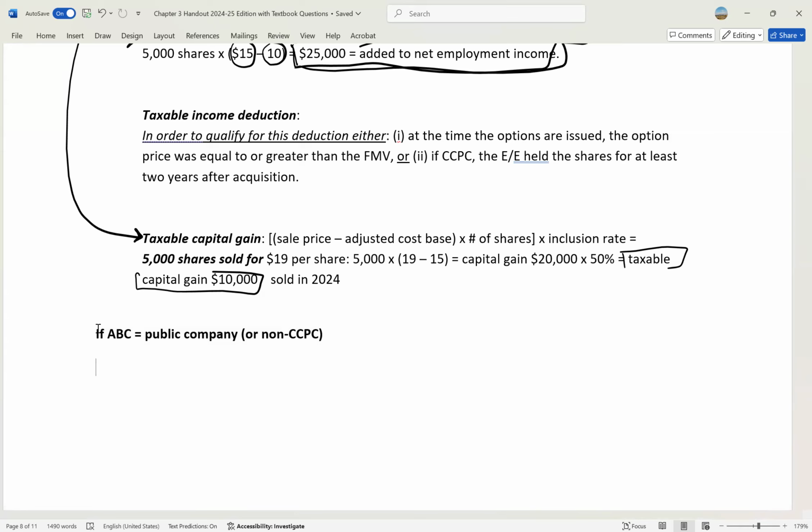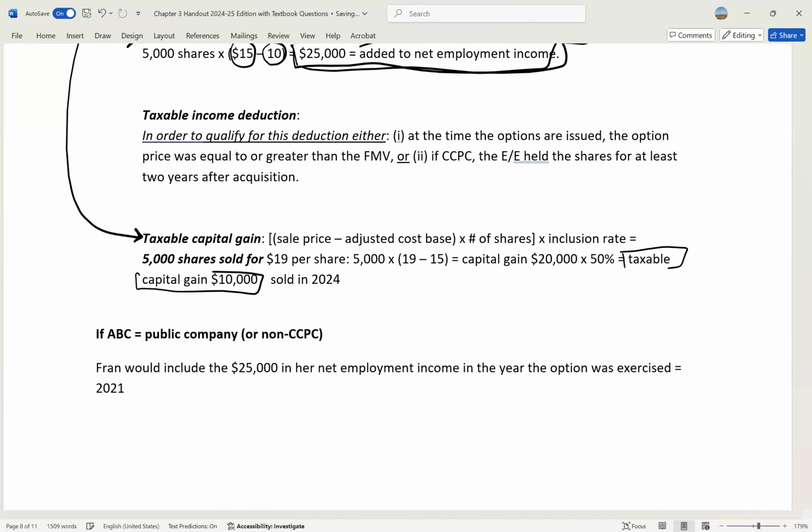So if this company ABC was not a CCPC, there would be no tax benefits. In this case, Fran would include the 25,000 in her net employment income in the year the option was exercised, which is 2021.